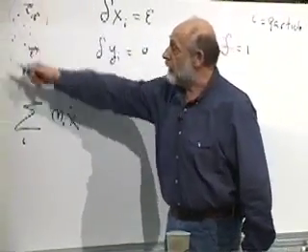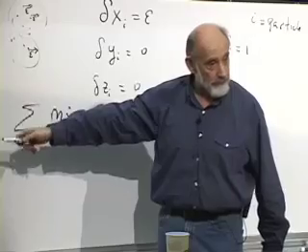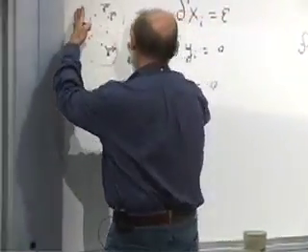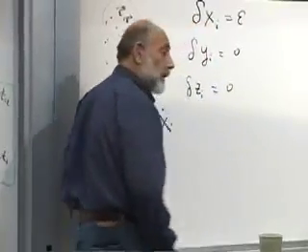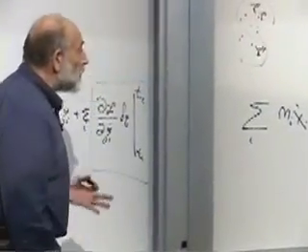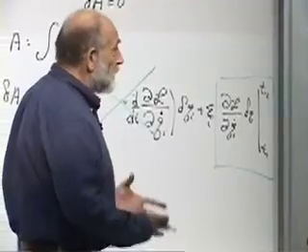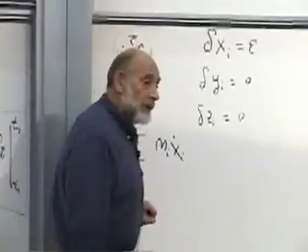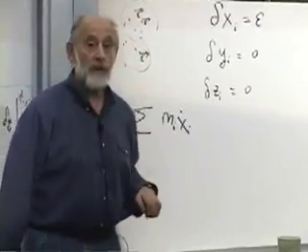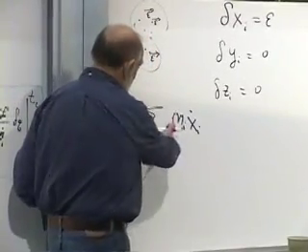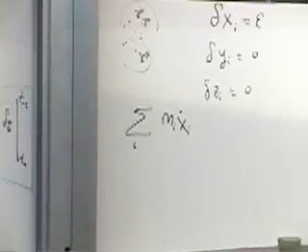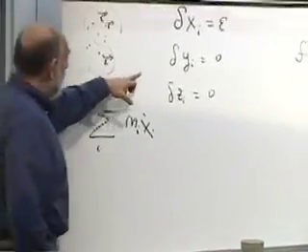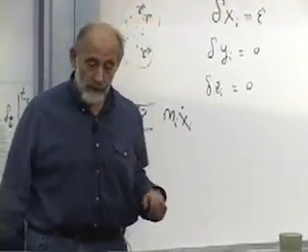But if we're talking about a closed, isolated system, then the potential energy will not change if you move the whole system. So we've derived, just from the assumption of invariance under translating the system, the conservation of momentum. Of course, the same would be true for the y component of momentum and the z component of momentum.